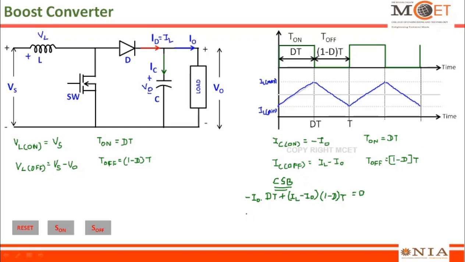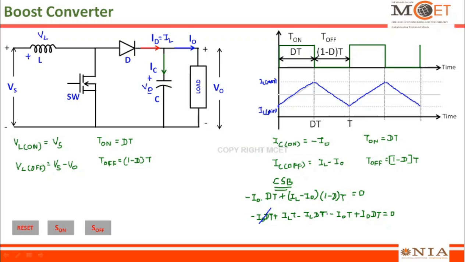So let us simplify this. I will get minus I naught into dT plus IL into T minus IL into dT minus I naught into T plus I naught into dT is equal to 0. So this is the simple simplification of the above equation.